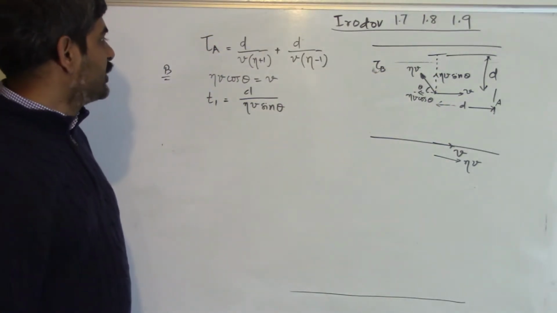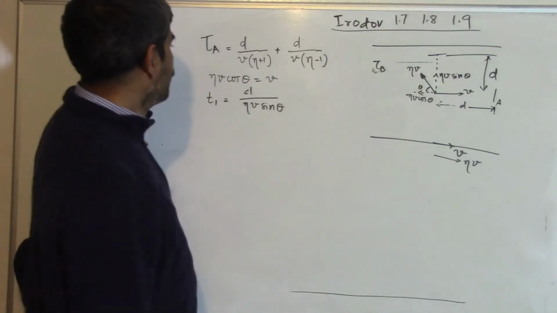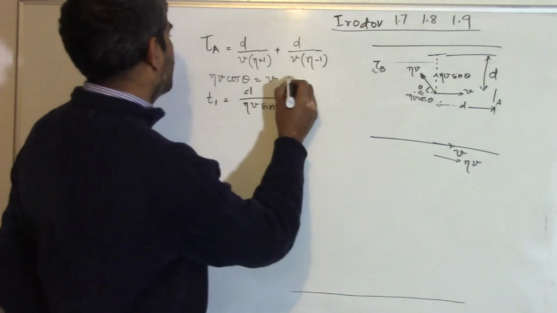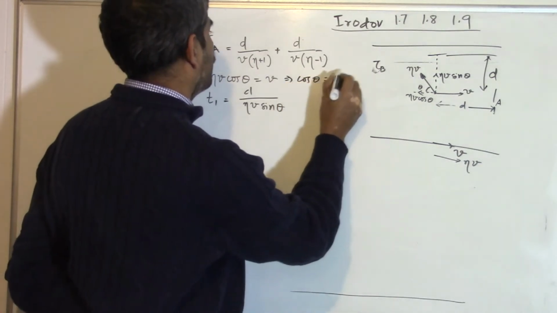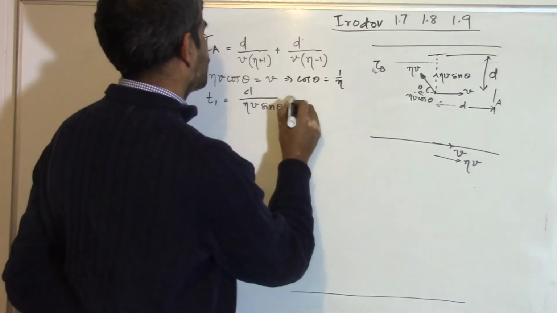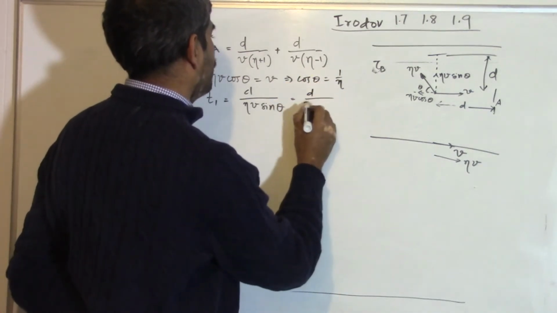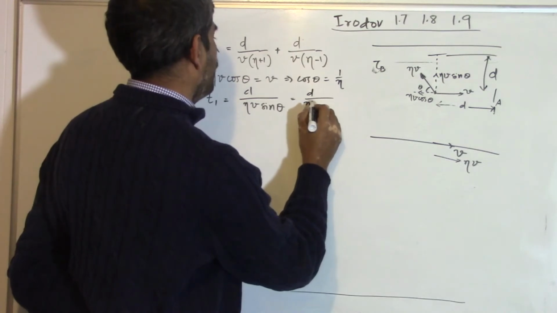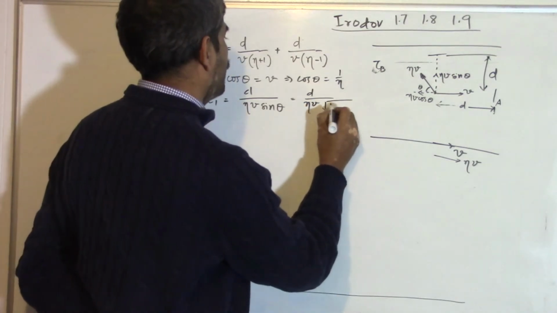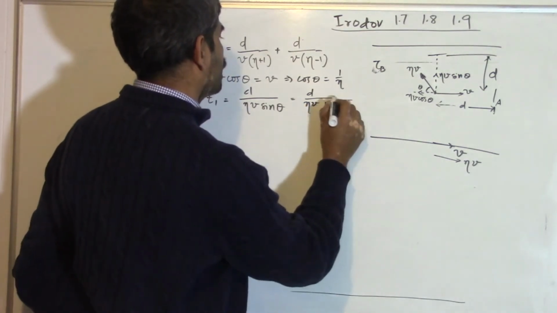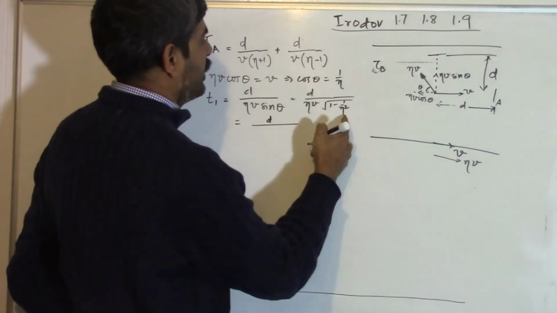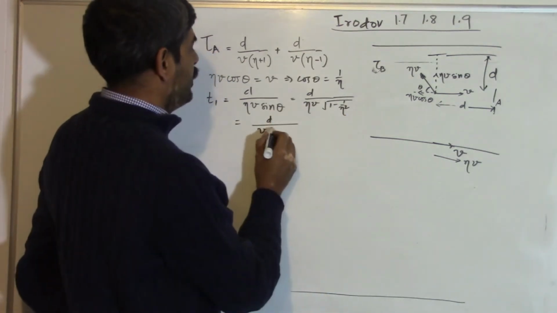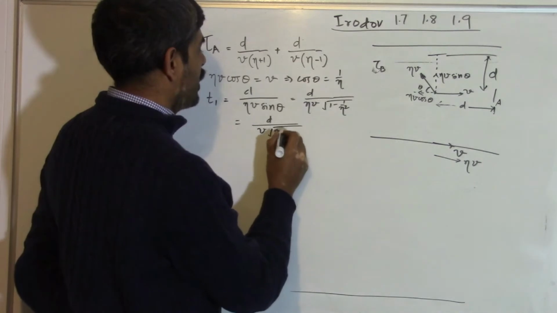So that is my T1. From here we can write cos theta is equal to 1 upon η. So sin theta will be equal to the square root of 1 minus 1 upon η squared. You can also simplify it a little by writing it as ηv times the square root of η squared minus 1, divided by η, so the η cancels, giving v square root of η squared minus 1.